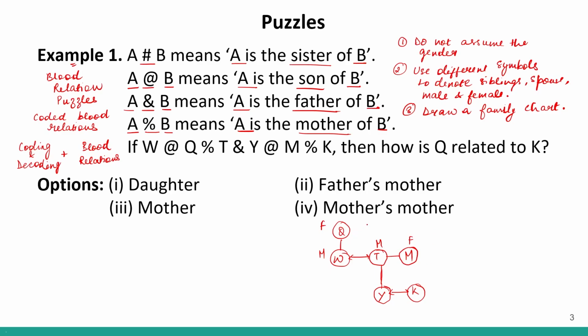Okay, in the question we have to answer how is Q related to K. I can see this is the first generation, this is the second generation, and this is the third generation.